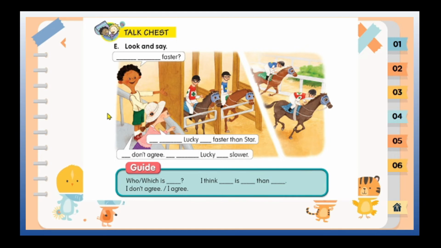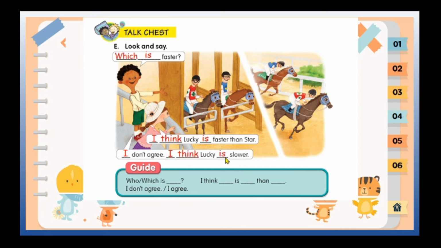So let's take a look at this one. First, what are we going to use? Who is or which is? Right. Which is? Which is faster? As you can see in the photo, she said, I think Lucky is faster than Star. Then this person will start to agree or disagree. I don't agree.